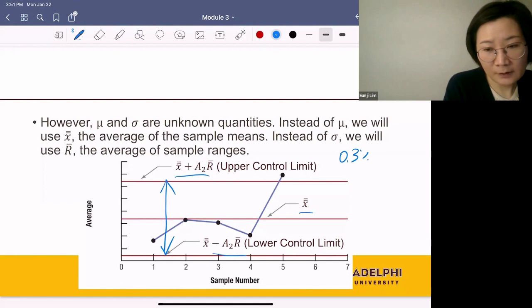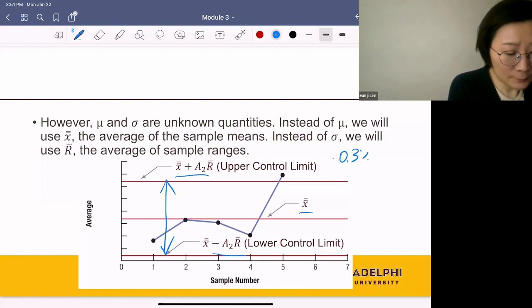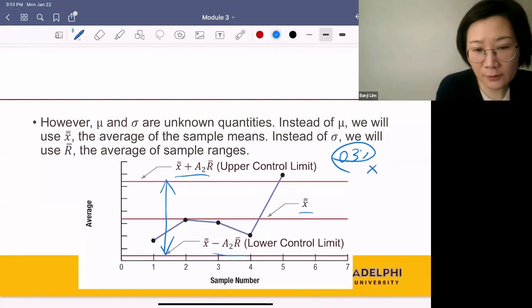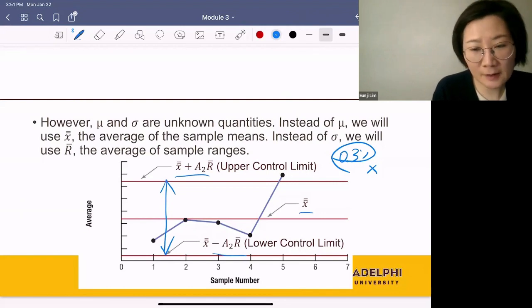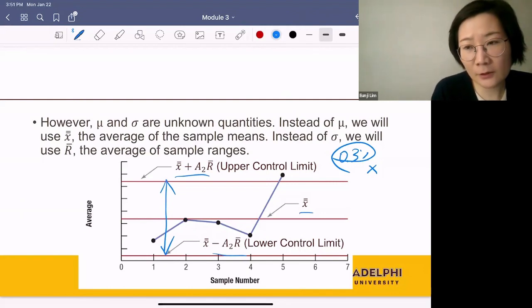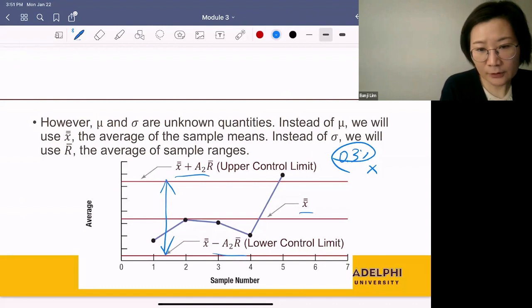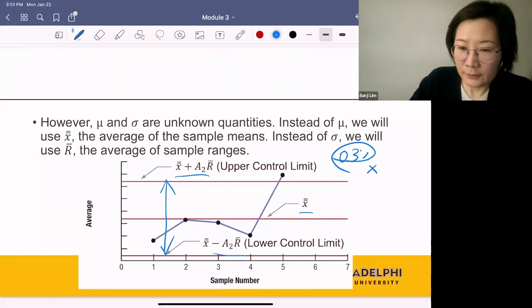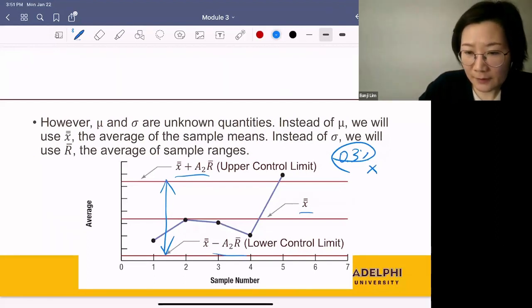In other words, there's nothing wrong in the process, but 0.3% of the time the sample mean is outside the limit, so we have to conclude that the process is out of control. And that's an incorrect decision. And that happens 0.3% of the time. So this is a risk associated with the control chart, and we are going to talk about this in the next part.